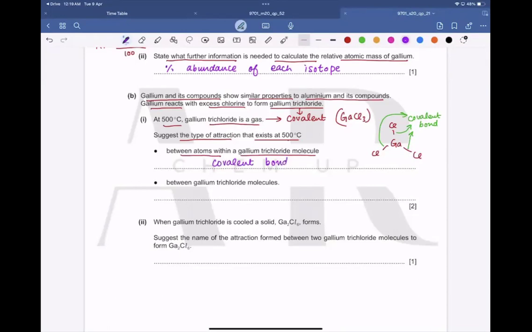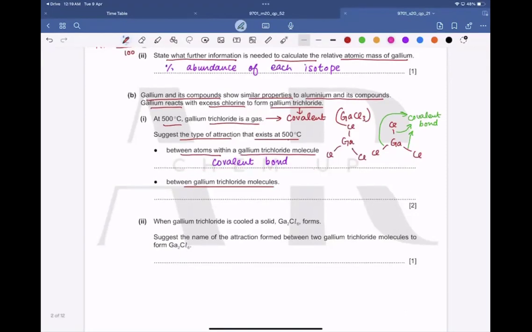Now, next part, between gallium trichloride molecules. It means this is one molecule, and for example, I have another molecule over here. So how are these two molecules interacting with each other? There must be a force of attraction between them as well, and that is called temporary dipole-dipole forces or induced dipole-dipole forces. Yes, very good.